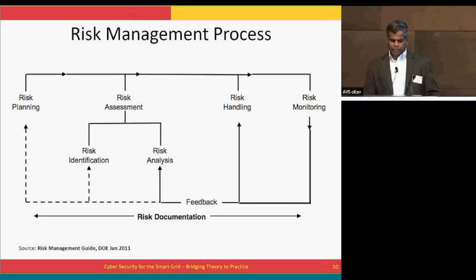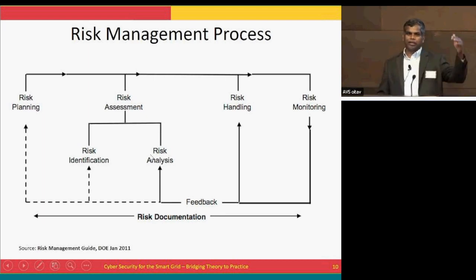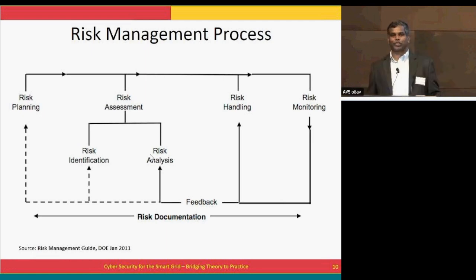Then you compute the risk indices. We are going to talk about it. There are two ways to do it: one is a qualitative way, the other a quantitative way. The outcome of this risk assessment will be risk indices or risk prioritization for all the scenarios in the system. Then you set a threshold.